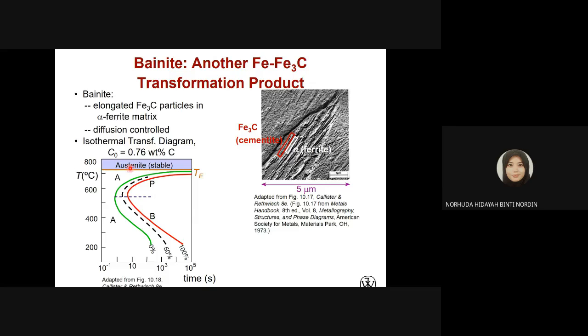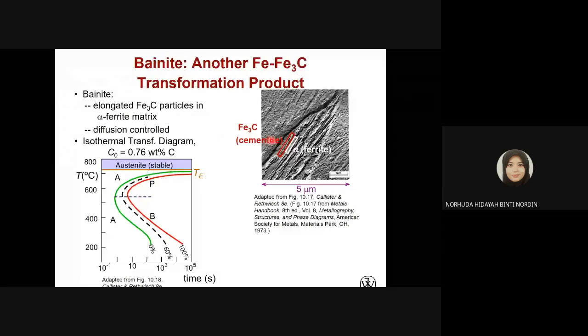Bainite still consists of ferrite and cementite, but it has elongated cementite particles in a ferrite matrix. This is the micrograph. You can see this is cementite and ferrite. Inside the ferrite there are cementite particles. So we call it bainite. It happens by diffusion.